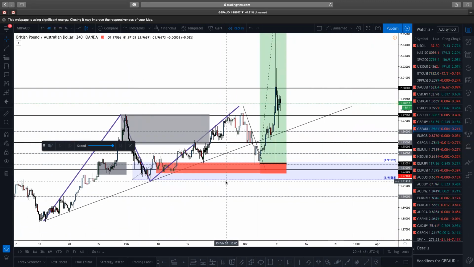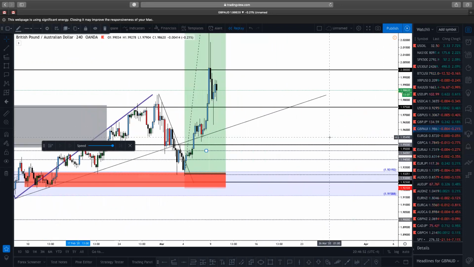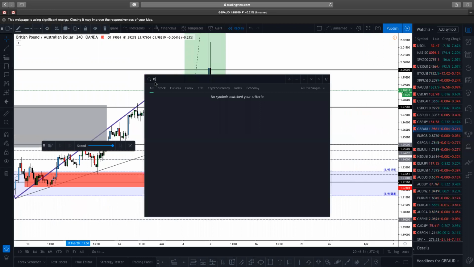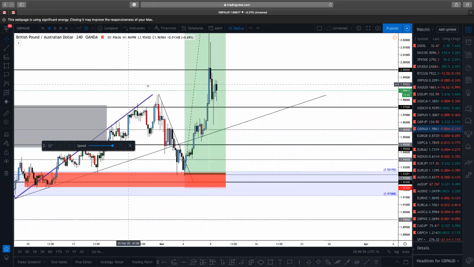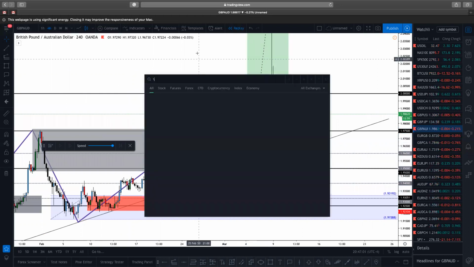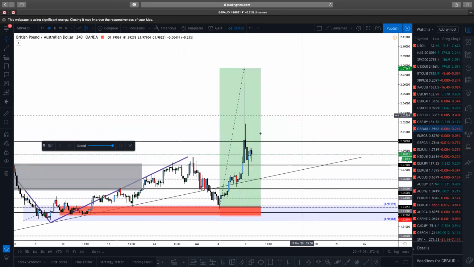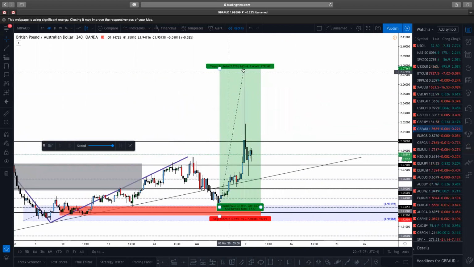So then the trade was sent out at the daily demand, right? The trade was sent out at that daily demand, and then the market rallied several hundred pips, right? Let's say we're not taking that spike into consideration.